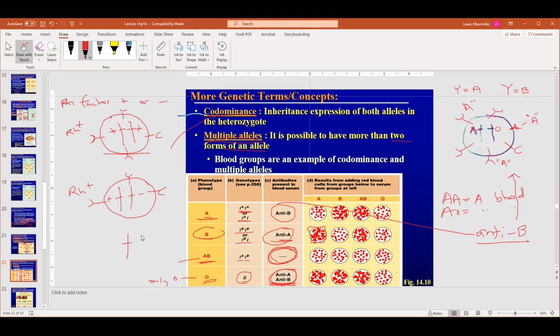And then the last one would be RH negative, which means that both of these are broken and you don't get anything on the cell surface. It's kind of like O, where there's no receptors on the cell surface, so you make all the antibodies.